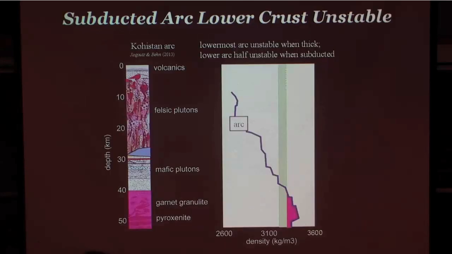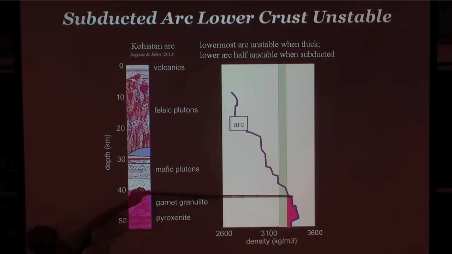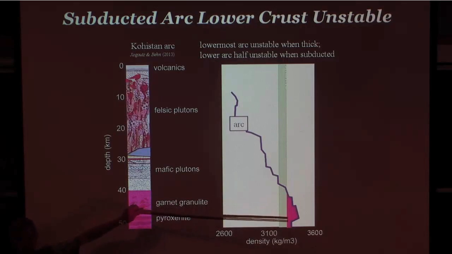So when we talked about arc delamination, we were talking about rocks at the very bottom of the arc that have either metamorphic garnet or dense igneous fractionates that are denser than the surrounding mantle. So the idea is that those rocks, because they're gravitationally unstable, are constantly raining down back into the mantle.